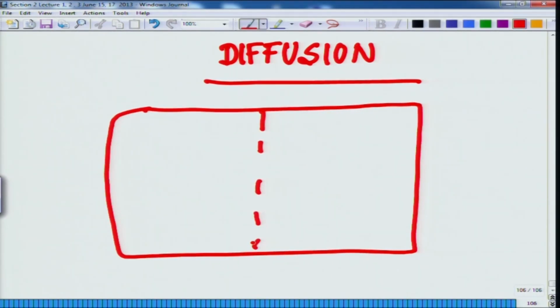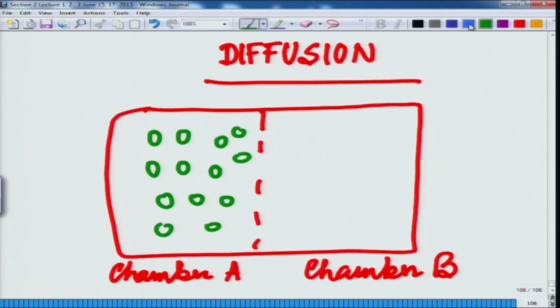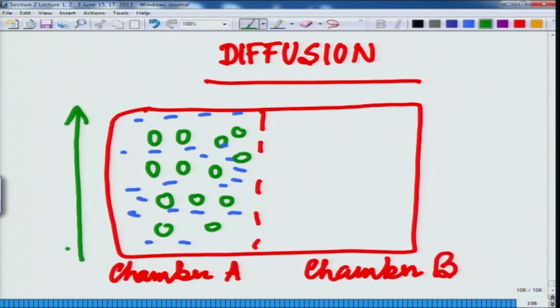There are two chambers, chamber A and chamber B. Within chamber A you have a wide number of these green molecules, along with a lot of water molecules or some kind of solvent. So, the concentration of the green molecule is very high.